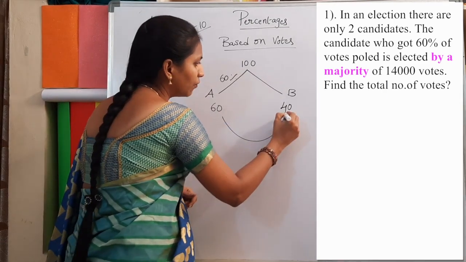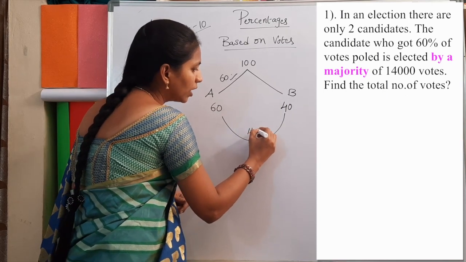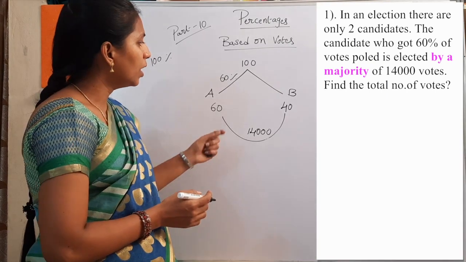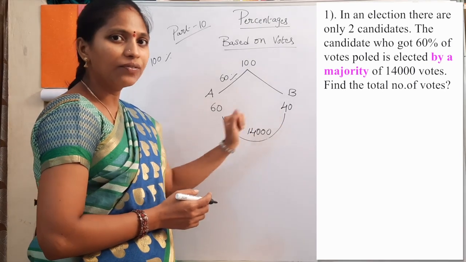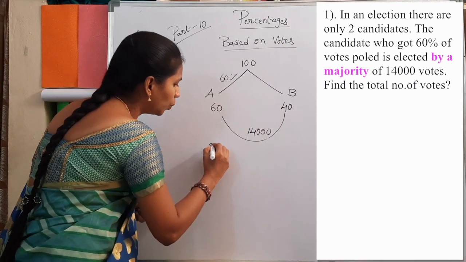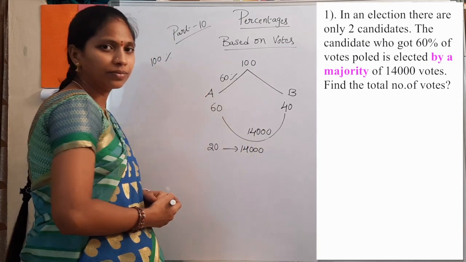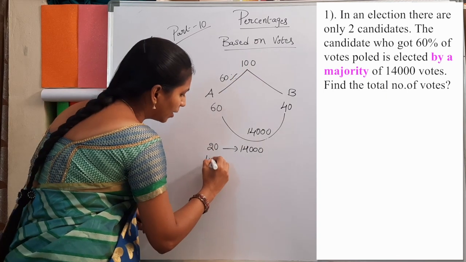So here the difference between A and B is 14,000. See what is the difference? 60 minus 40, the difference is 20. Here 20 equals 14,000. And the base value, total number of votes, is 100.